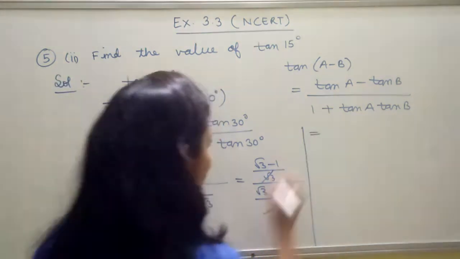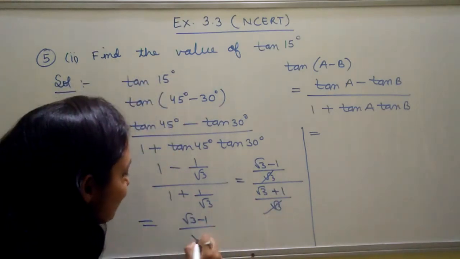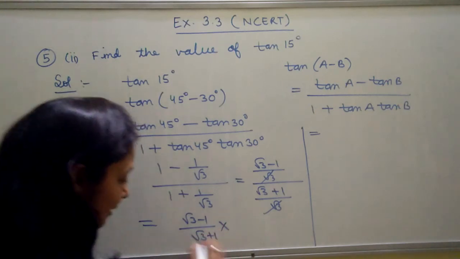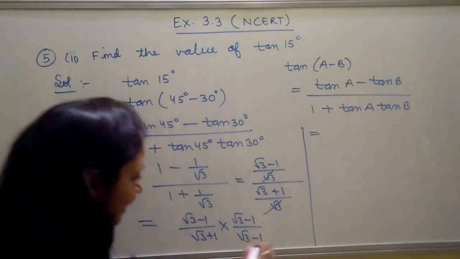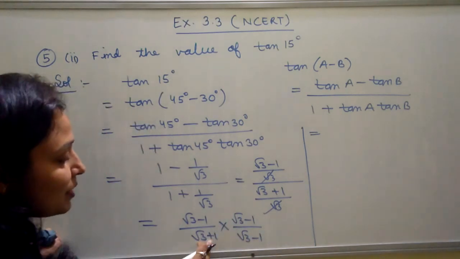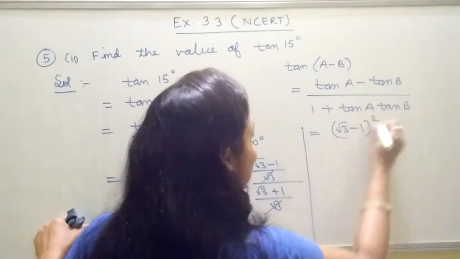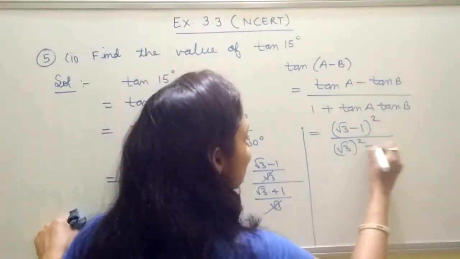In the next step we have root 3 minus 1 over root 3 plus 1. You can rationalize to eliminate root 3 plus 1 from the denominator. Take the opposite sign for the rationalization. We have root 3 minus 1 whole squared divided by a plus b times a minus b, that is a square minus b square.